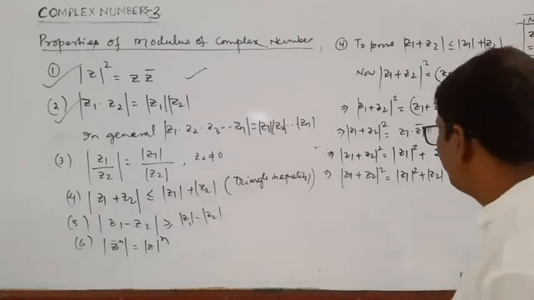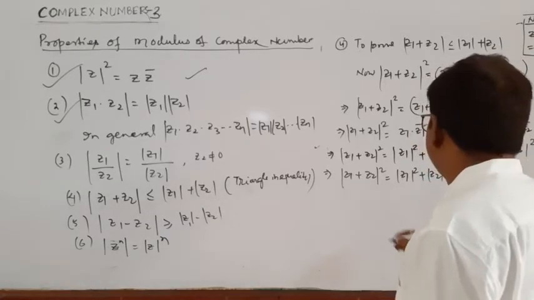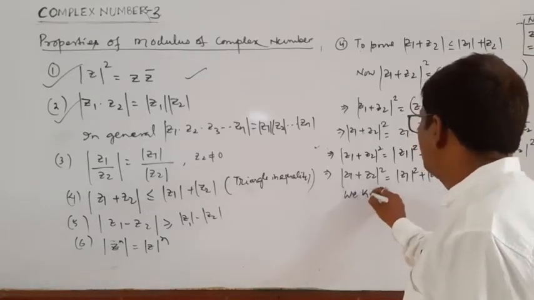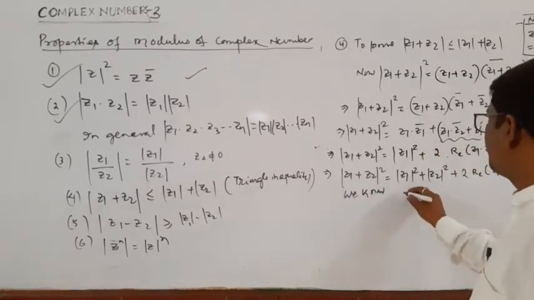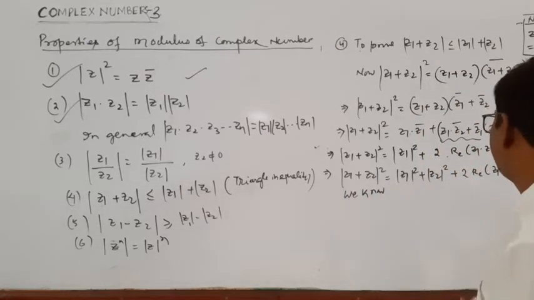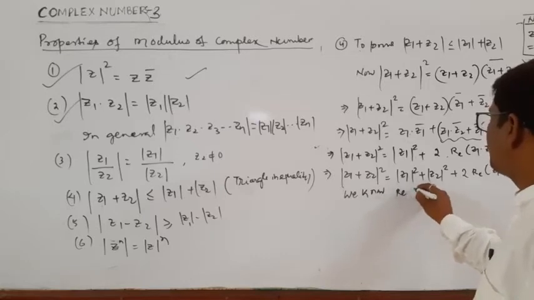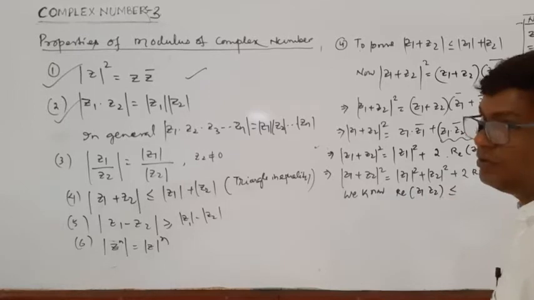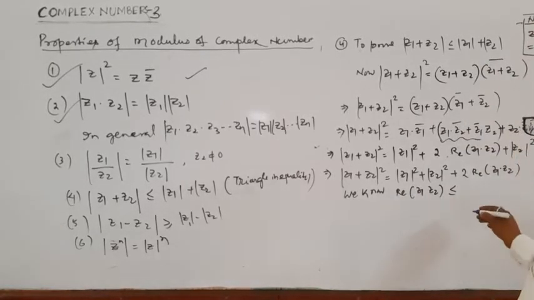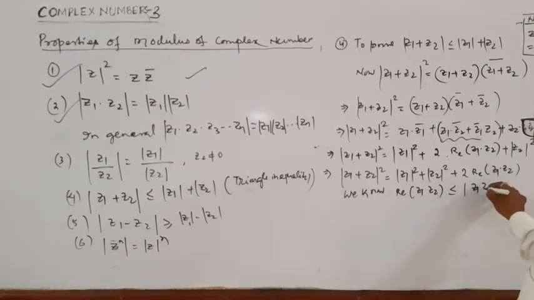Now we know the real part of z1 z2 conjugate is always less than or equal to mod of z1 into z2.